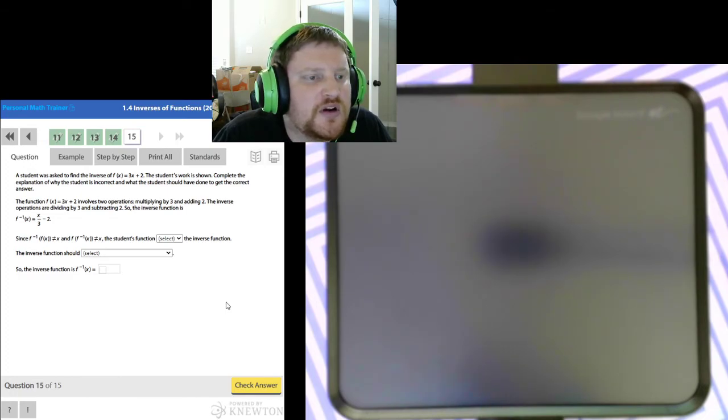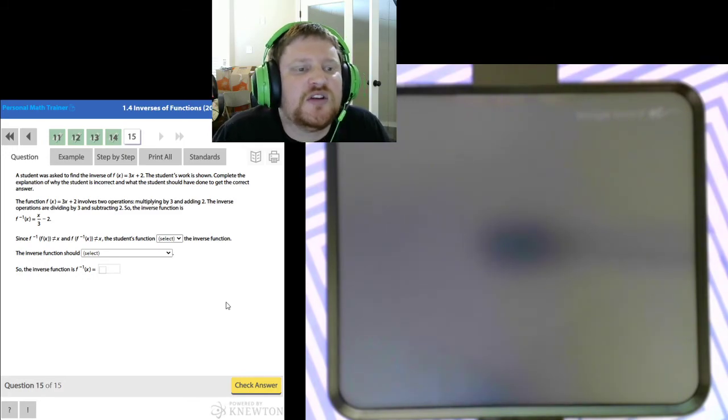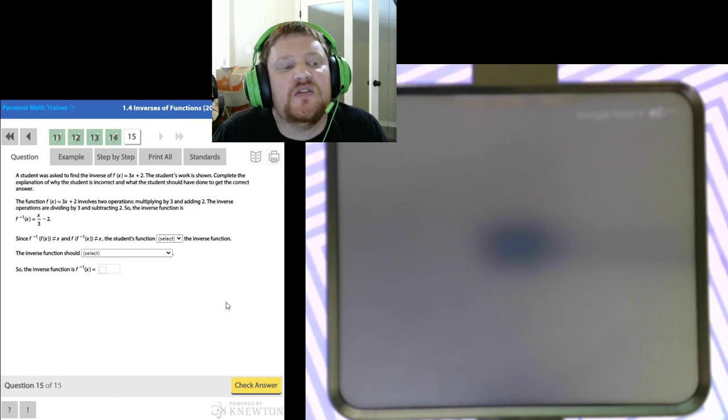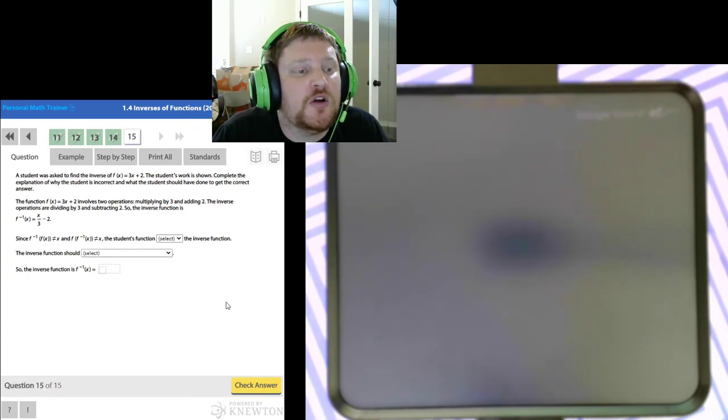The inverse operations are dividing by 3 and subtracting 2, so the inverse function is this. However, keep in mind that we do PEMDAS backwards when we're solving, and she divided by 3 and then subtracted 2, giving us the wrong answer.